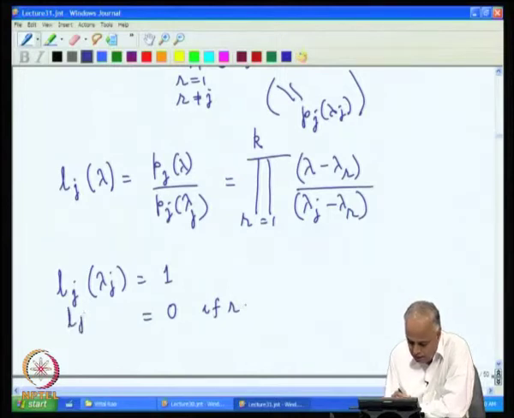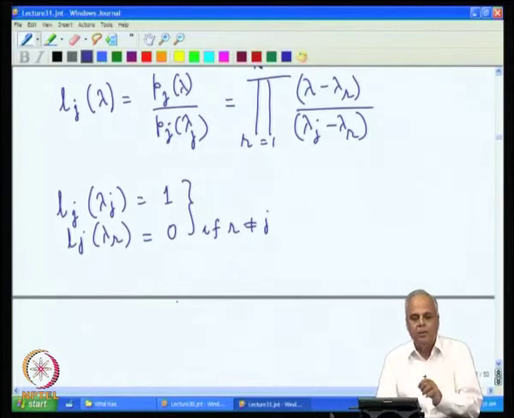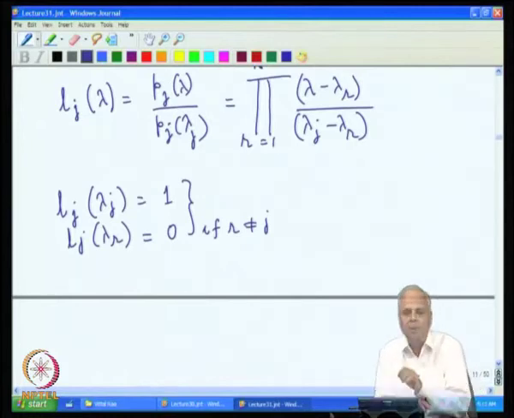So L j lambda r equal to 0 if r not equal to j. In other words, this L j is a polynomial. If you keep moving along the lambda 1, lambda 2, lambda k's, it lights up at lambda j and takes the value 1 and it is just dormant at the other lambdas, 0 at lambda 1, 0 at lambda 2, 0 at lambda j minus 1.